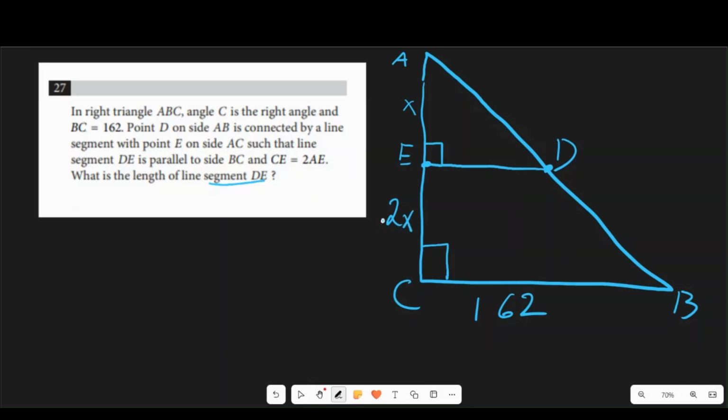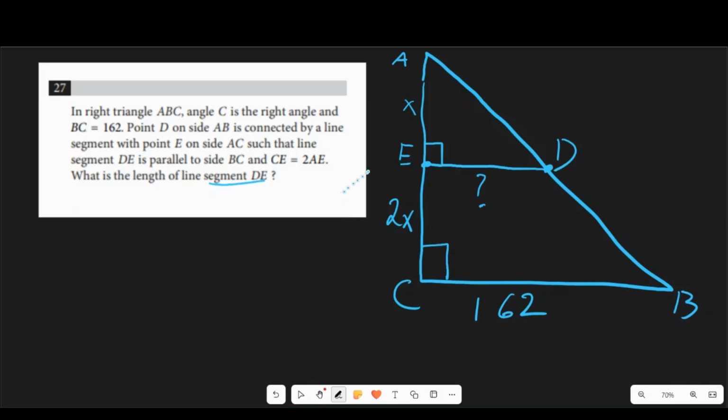So now we have some more information to try and figure out what the length of DE is, because that's what they're asking us. They're asking us what is the length of this line segment here, okay?